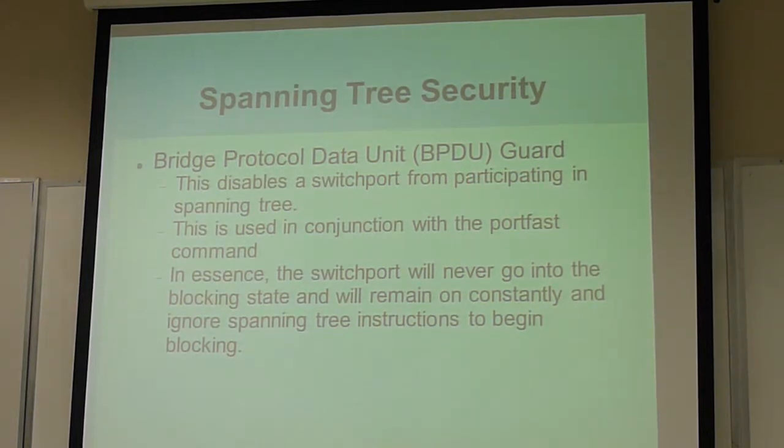So, I have a network. I have an MDF, main distribution frame, a few IDFs.